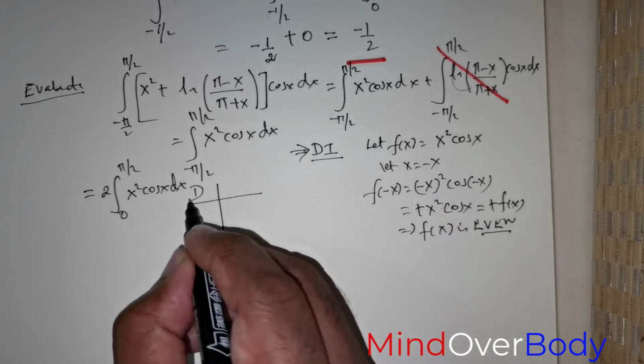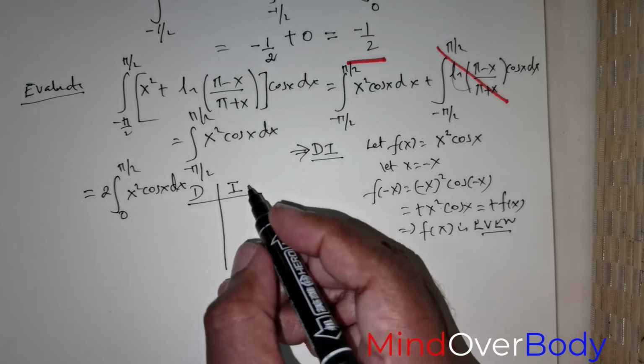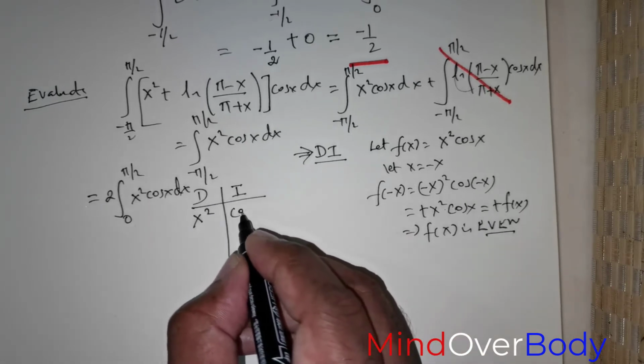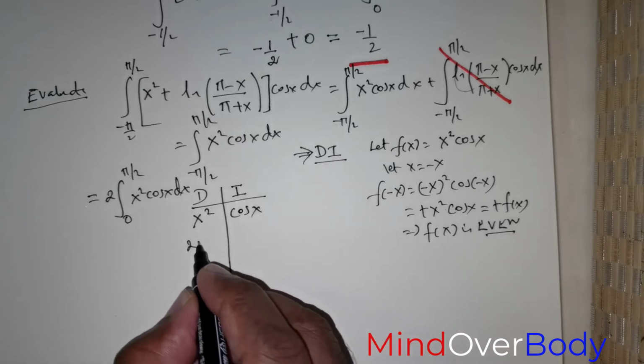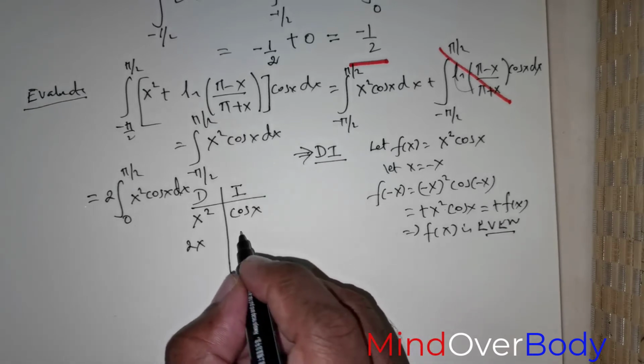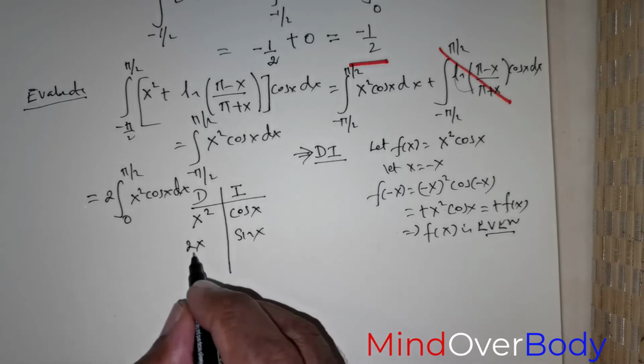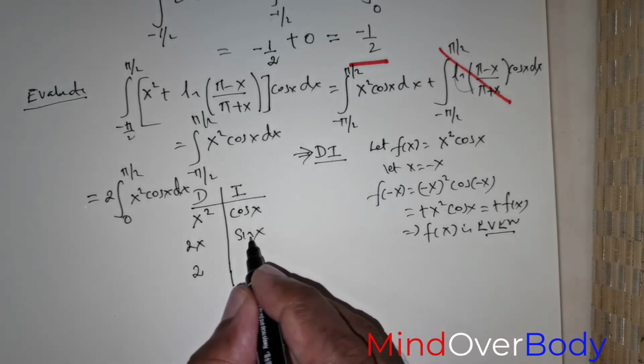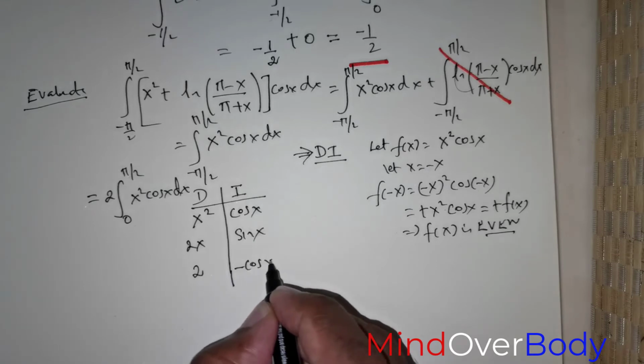D stands for differentiation, I stands for integration. Let me take the first quantity x squared and the second quantity cos x. I differentiate x squared, I get 2x. I integrate cos x, I get sin x. I differentiate 2x, I get 2. I integrate sin x, I get negative cos x.